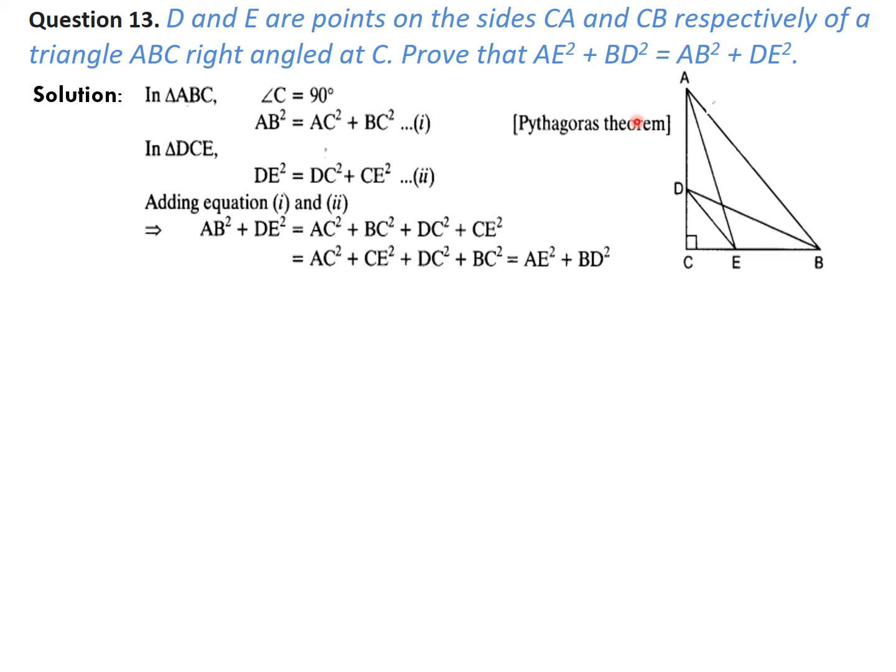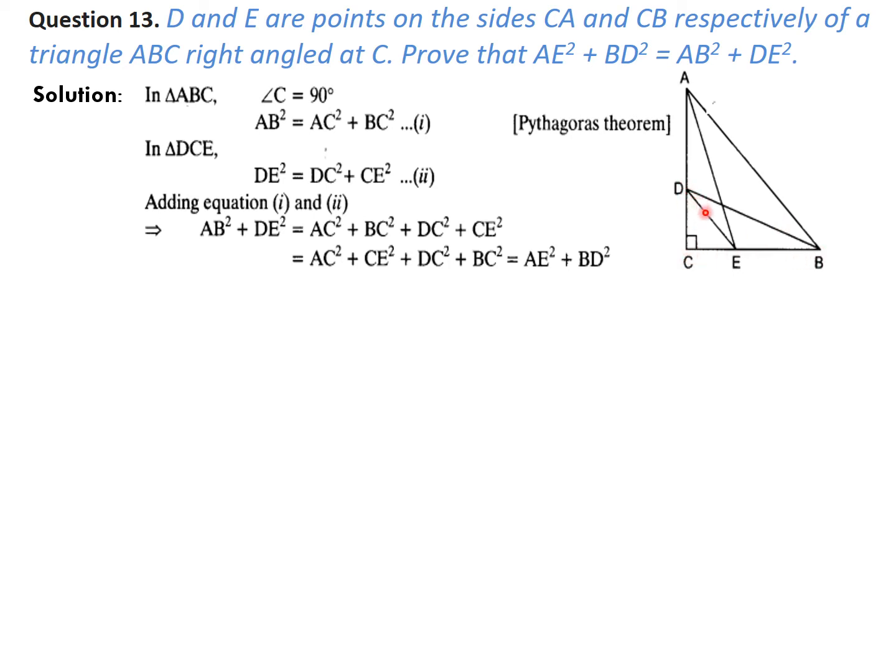If we look into the diagram, we can see that AE is right over here. So AE line is the hypotenuse of the triangle ACE and BD is the hypotenuse of the triangle BCD.